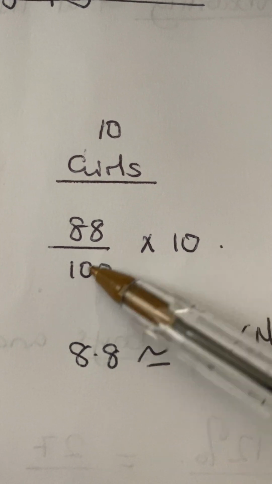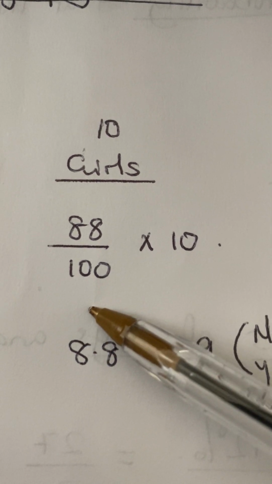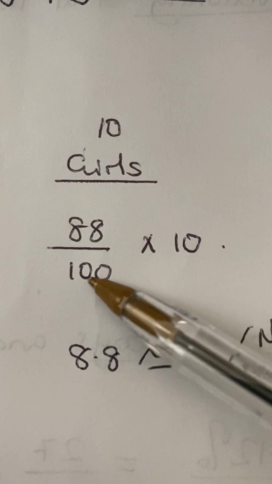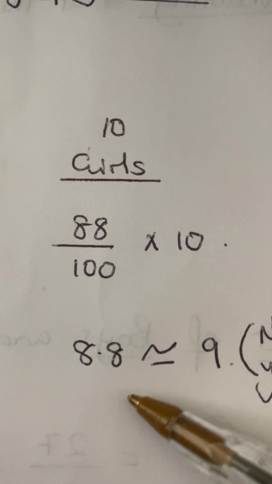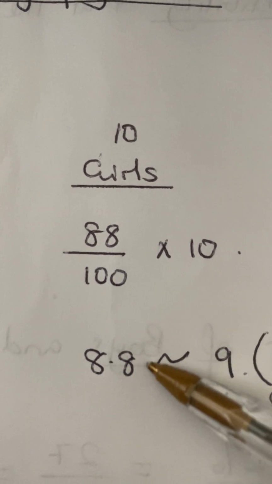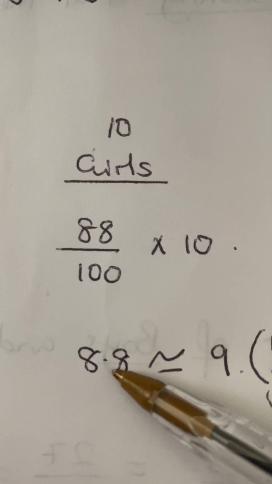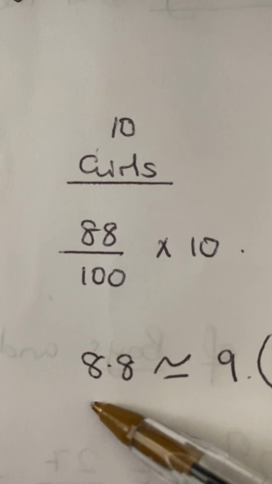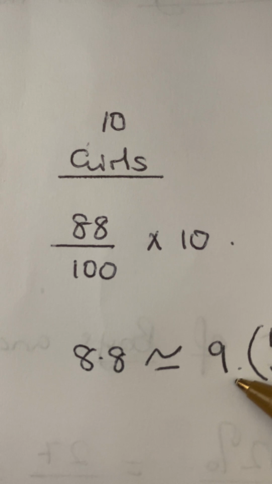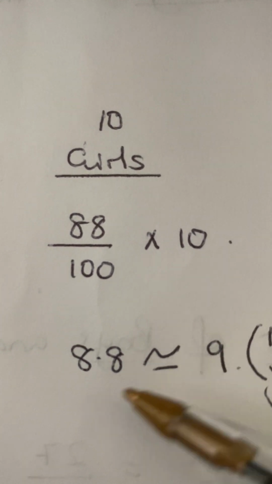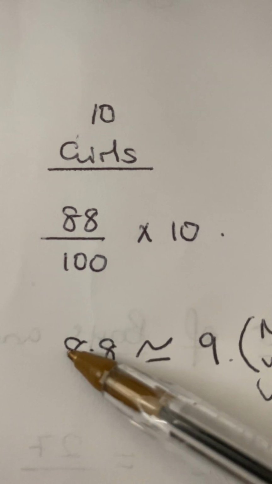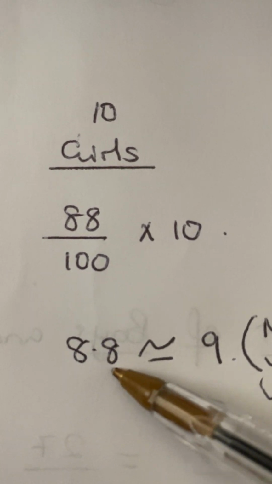10 into 100, we have 10. 88 divided by 10 is 8.8. Okay, you can't have 8.8 girls. You can either have 8 or 9. Okay, so I'll choose the 9. Because if I choose 8, what about 0.8?